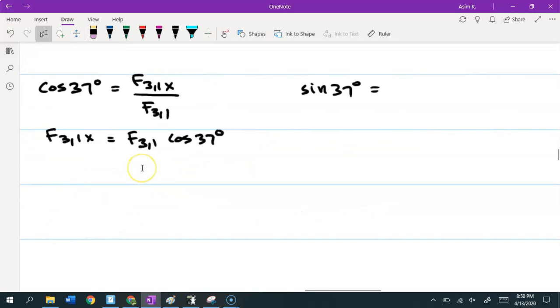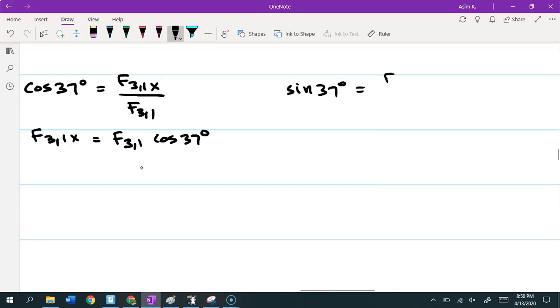In that case, that would be F31y divided by F3,1. Now if you want to solve for F31y, which is what we're interested in now, you would need to take F31 and multiply it by the sine of 37 degrees.